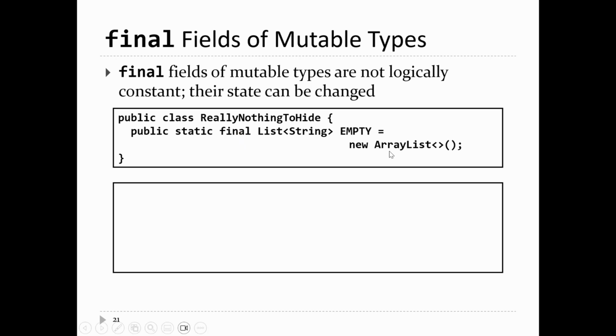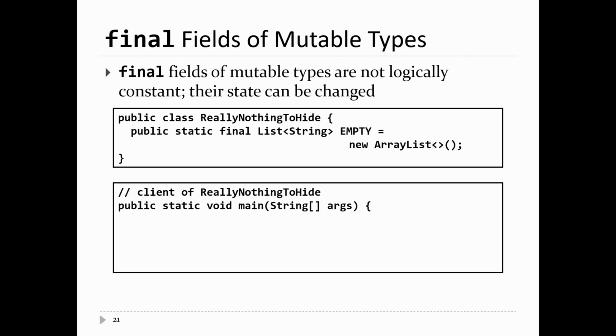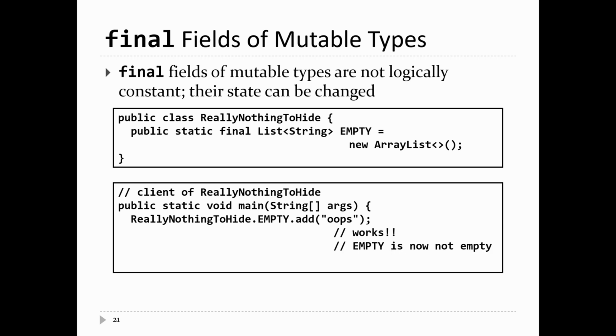But the problem here is that list is not immutable. So I can take my list and I can call any method belonging to the list, like add, which adds a string to this list. And that works. So your list that was once empty is no longer empty, and the name is now very deceptive.